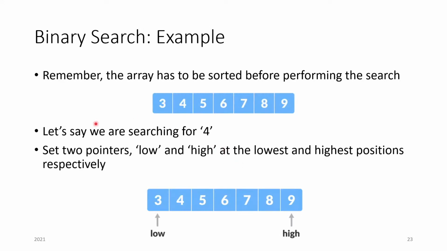Now, before binary search can actually be done, your array needs to be sorted either from lowest to highest or highest to lowest. Then you can do your binary search effectively. If the array is unsorted, the binary search is going to take extremely long.